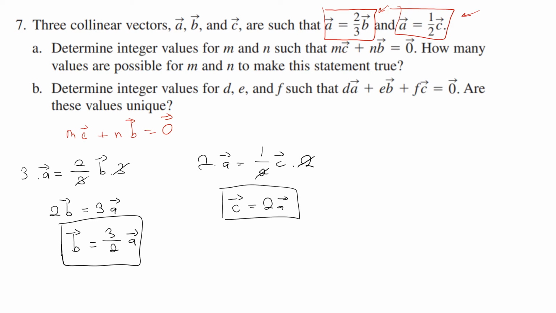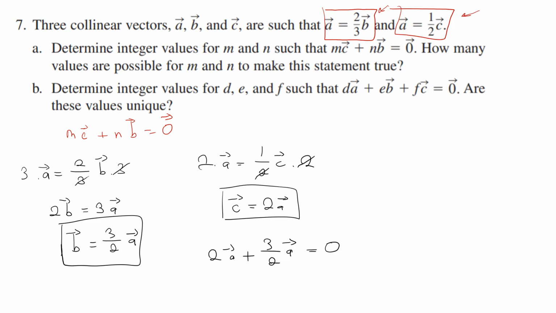All I need to do now is plug them in here. So put the values together and equal it to 0. Let's start with c first, because that comes first. So 2a plus 3/2a, where this was my c value and this was my b value, and I equal them to 0.